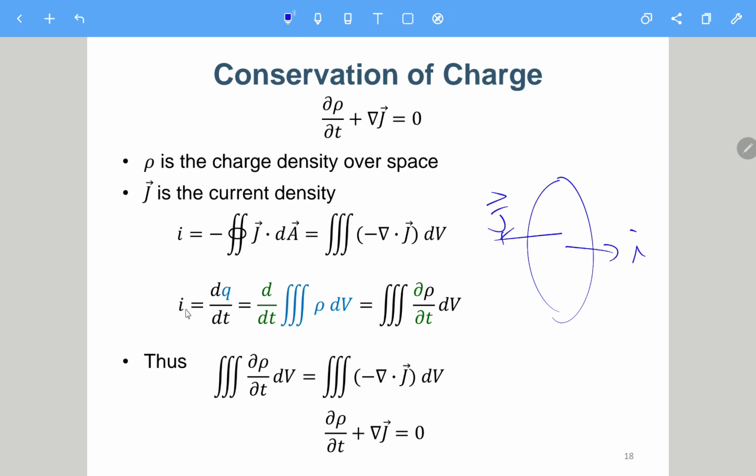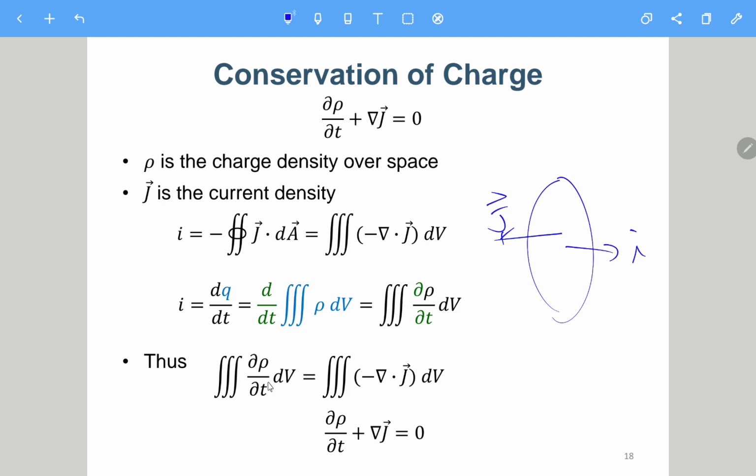So in that case, I equals dq dt, and q is actually the triple integral of the charge density. We can also put this derivative inside the triple integral, so that it becomes partial rho partial t inside the triple integral. So I equals this one, and I also equals this one, which means that these two triple integrals equal each other.